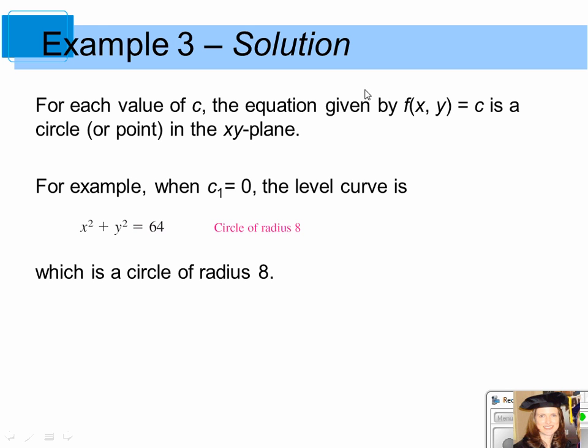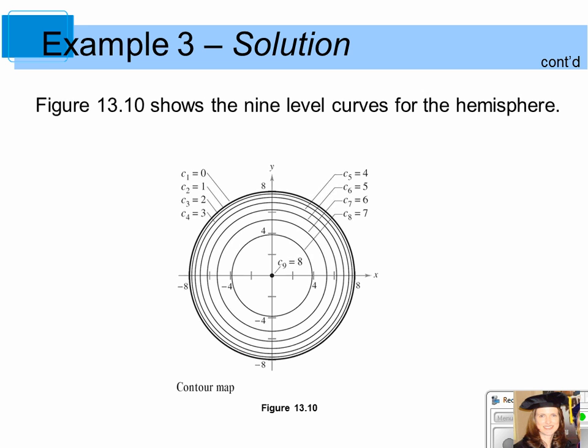When you set the function equal to 0 and rewrite it, you get x squared plus y squared equals 64. That's your circle of radius 8. And each time you do this, you set the original equation equal to each of those c levels. As c equals 0, you get the circle with radius 8. As c equals 1, you get a slightly smaller circle, c equals 2, 3, 4, and so on, all the way up to c equals 8. When the elevation is 8, the intersection is simply a point.